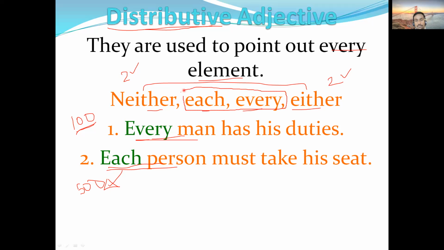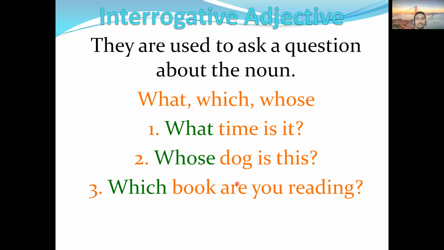Okay, and another point: if it is either or, that does not become an adjective, that becomes a conjunction. If it is neither nor, in that case also it becomes a conjunction, that is not an adjective. So every man has his duties, each person must take his seat. These are some examples that you can think of.